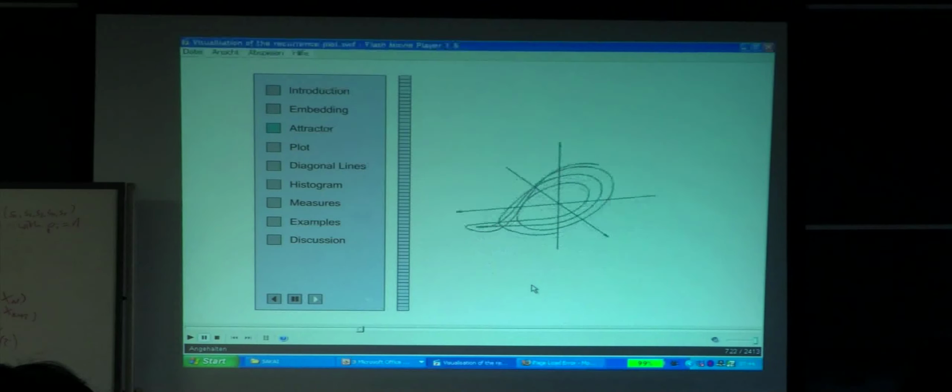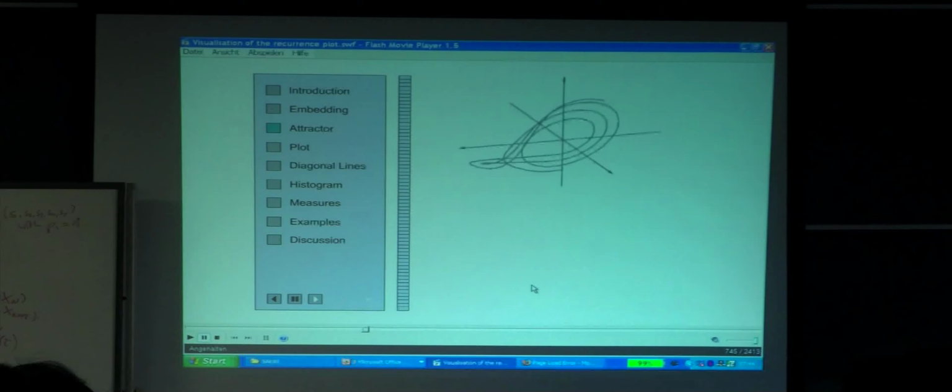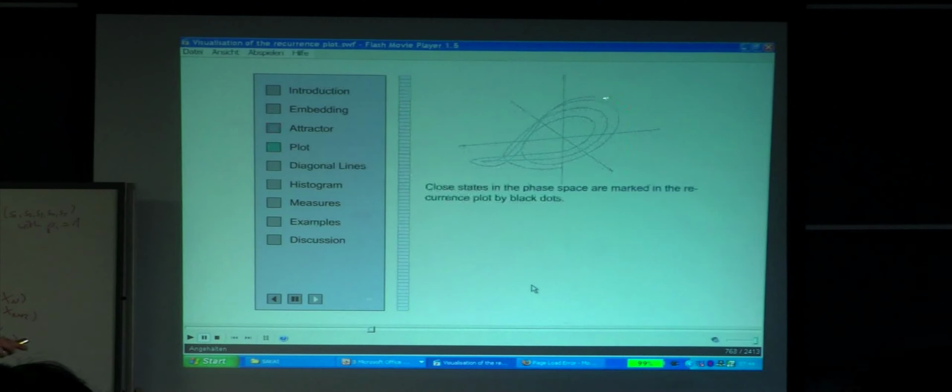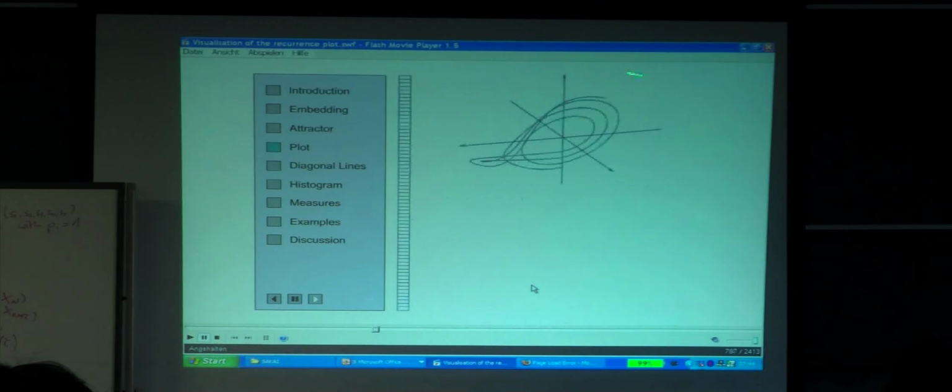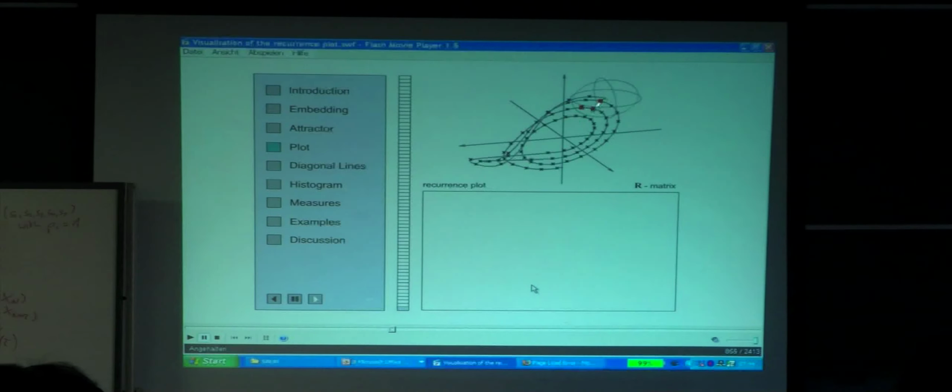And now, what is a recurrence? Recurrence means that I pick just one point on this trajectory and I look for neighboring points of this trajectory which have been observed at other times. So for example, I take this point and I find that there are 3 other points which are similar in that sense.